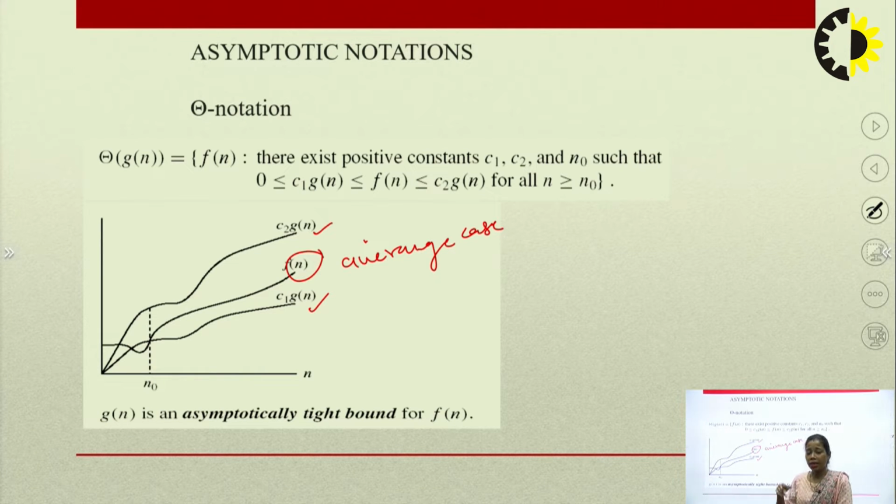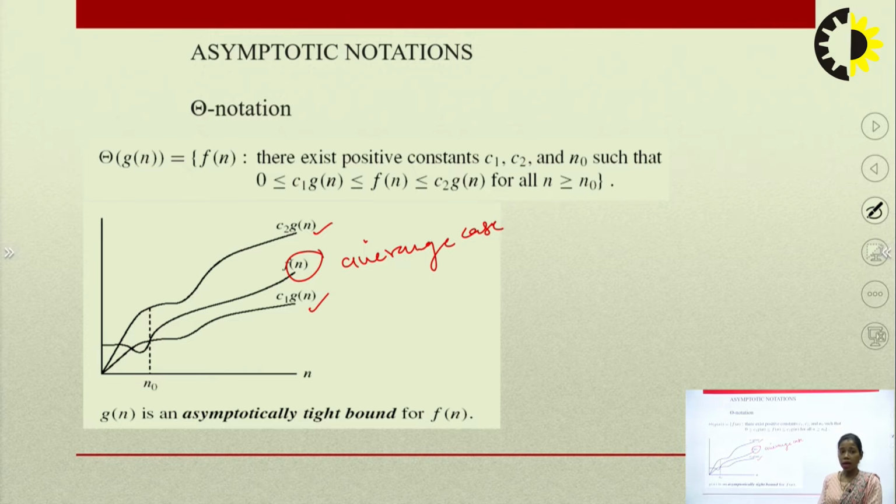Because big O gives the maximum bound and big omega gives the minimum bound. There is a big upper bound and a big lower bound. That's why we use the name big in big omega and big O notation. Hope the asymptotic notations are clear to you.